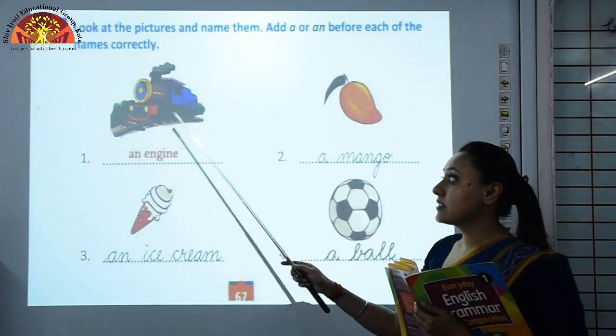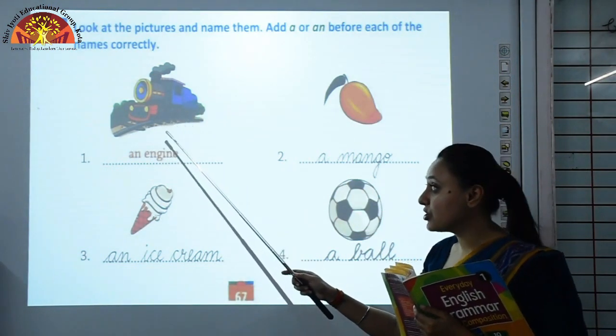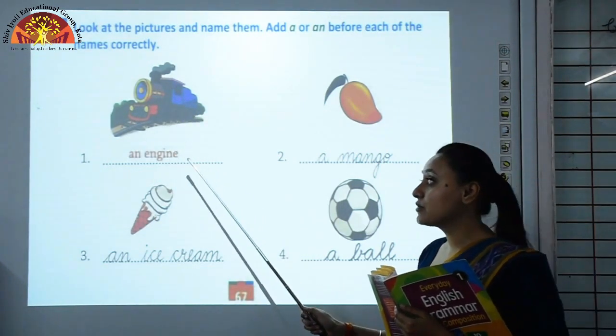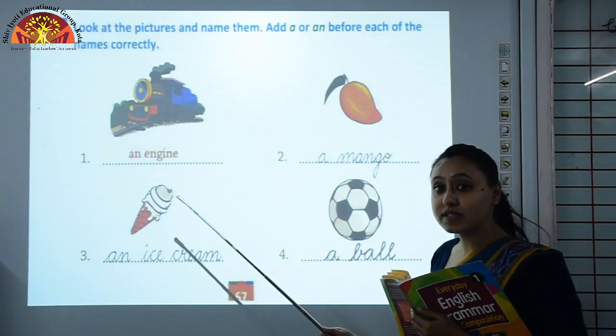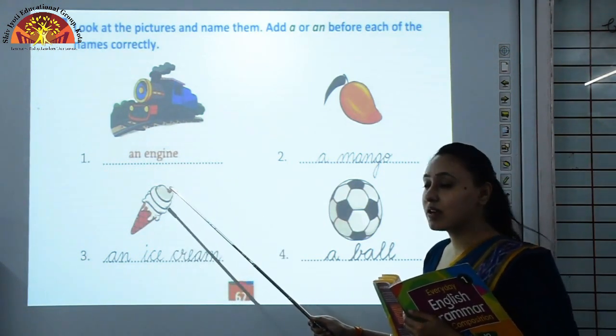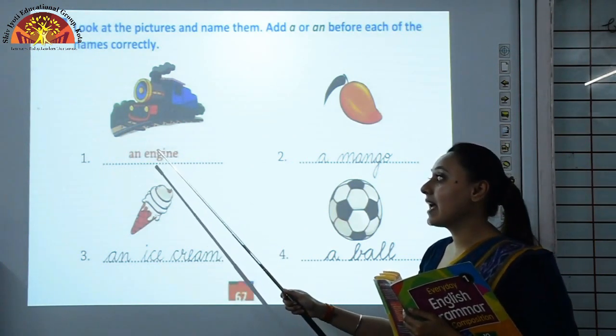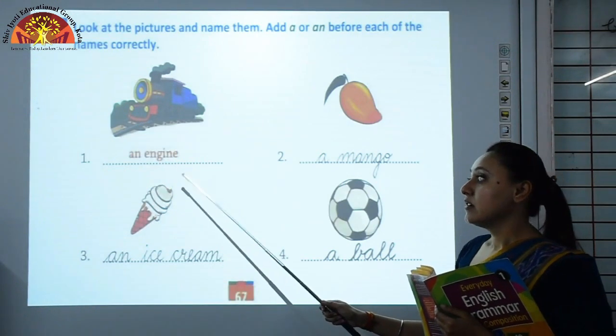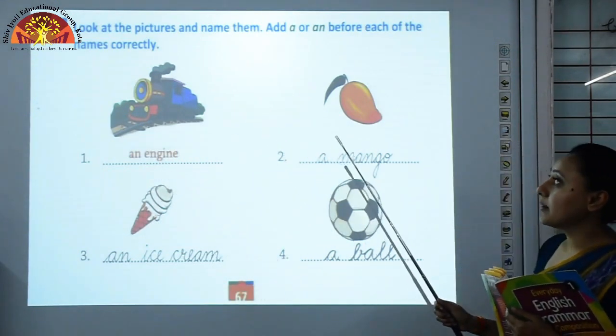Look at this. This is the picture of an engine. So we will write engine here. Then we have to check whether it is a consonant sound word or a vowel sound word. Engine is a vowel sound word, so we will add AN before engine. Now move to number 2.